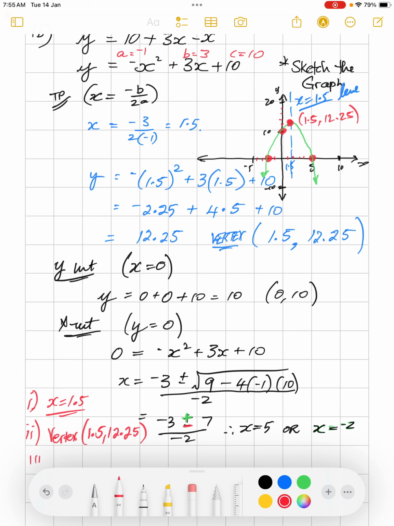And its concavity, you can see that it's concave down. It has a maximum value of y equals 12.25. We won't ask for the maximum value.